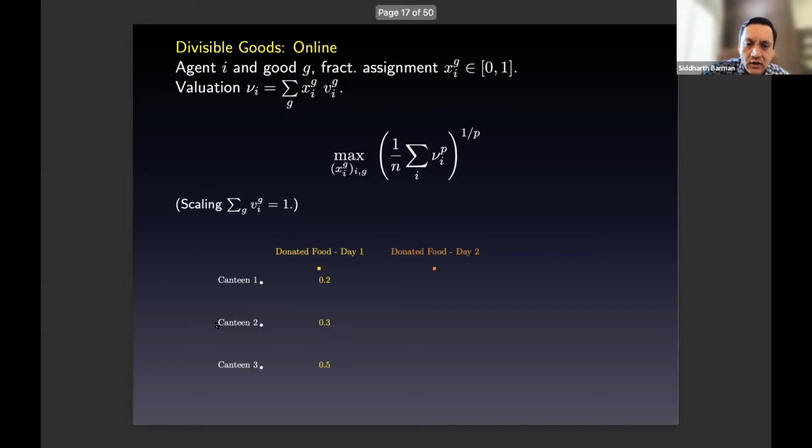On day 2, things start afresh, another batch, another set of values reported by the canteens. You make another decision for these x_ij's for the second good, and so on and so forth. And at the end of the month, or whatever stipulated window, you look at the value acquired by all the agents, and your overarching goal is to find these numbers x_ij such that this function is maximized for whatever p you want.